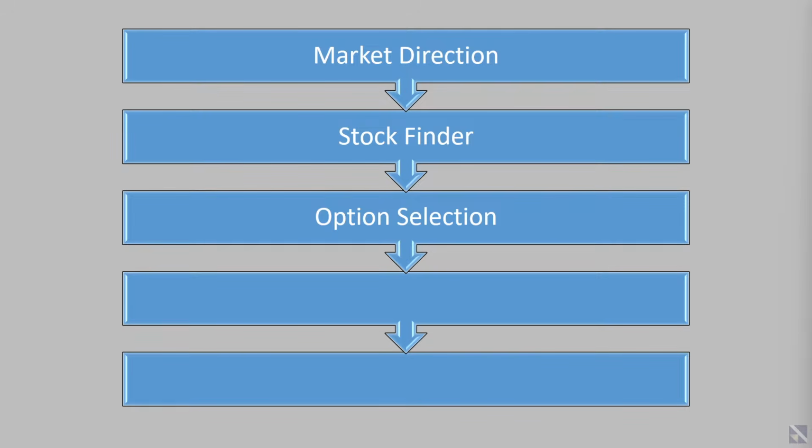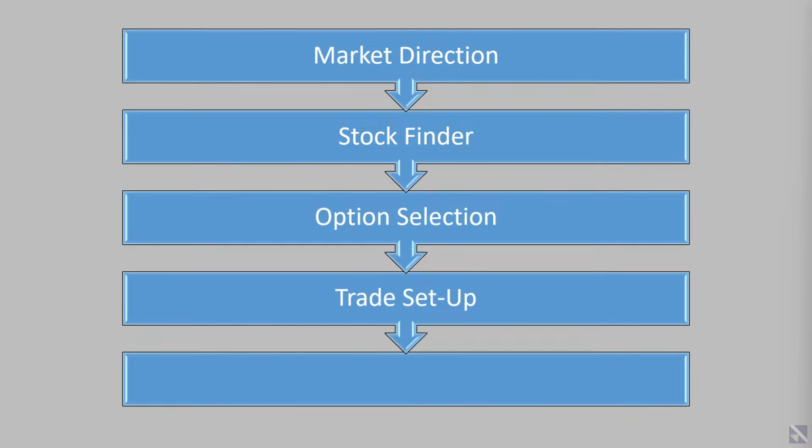All right. But there's other things that you're going to need to look at, things like open interest, volume. We didn't have time to get into some of those finer details today. After you choose the option, set up the trade for high probability of success. Right? One of the things we didn't have a chance to talk about today was determining the best risk to reward setup. All right.